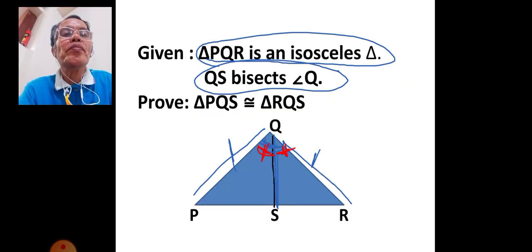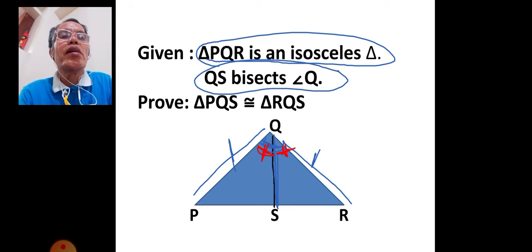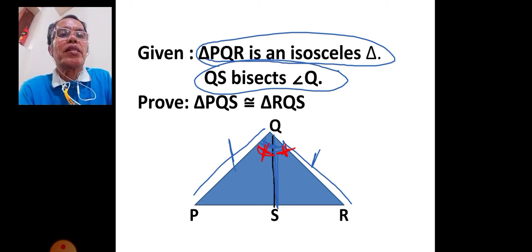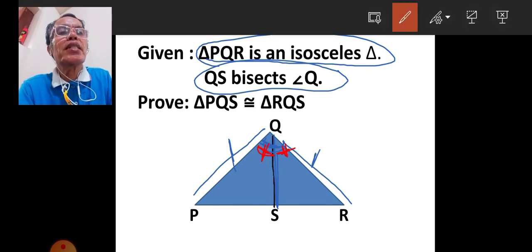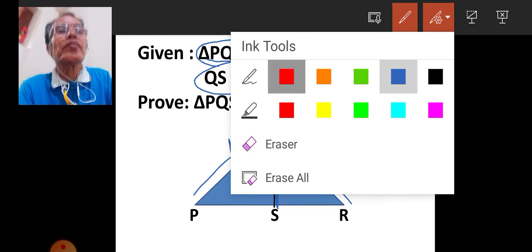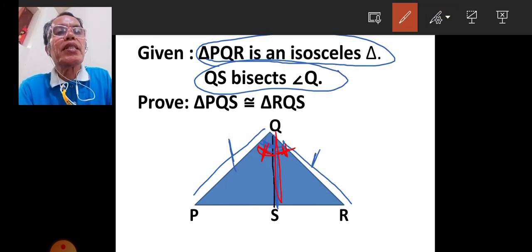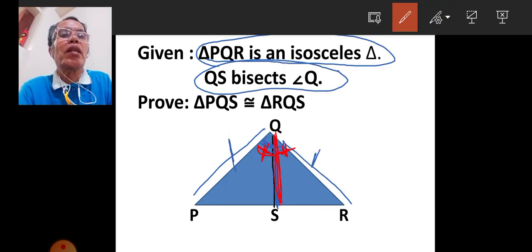Okay, 5. Next, you can now have QS is congruent to QS. So that is this side. QS, this side, is congruent to itself because this QS is the side of this triangle, and at the same time, it is the side of this triangle.